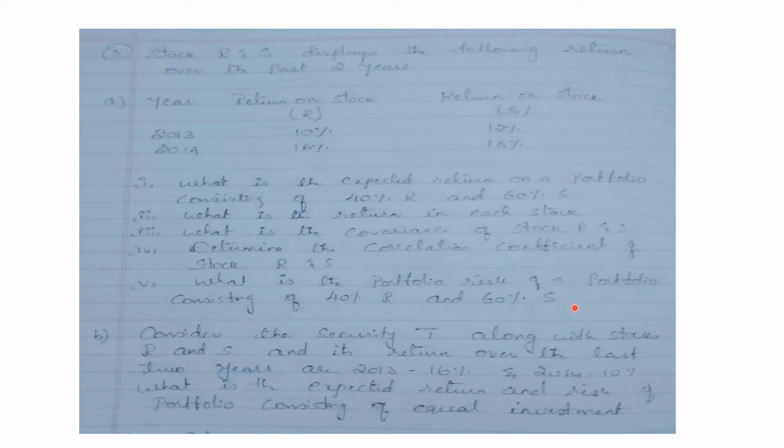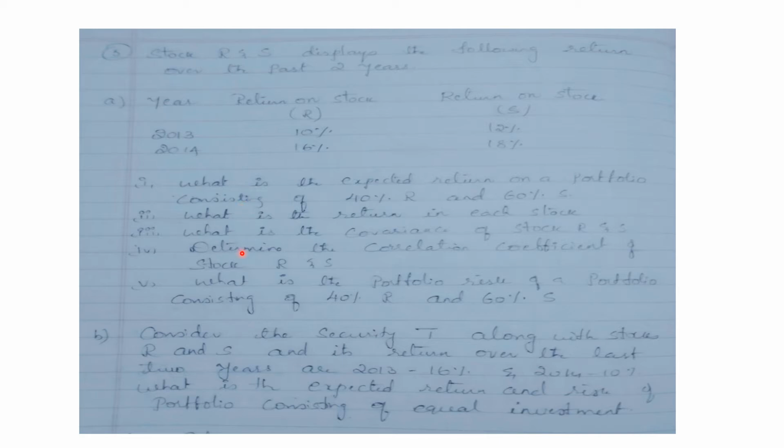So here, for the first question, you have to find out the expected return on a portfolio consisting of 40% R and 60% S. In the last question, you have to find out the portfolio risk for a portfolio consisting of 40% R and 60% S. So these are the questions asked in this particular problem.